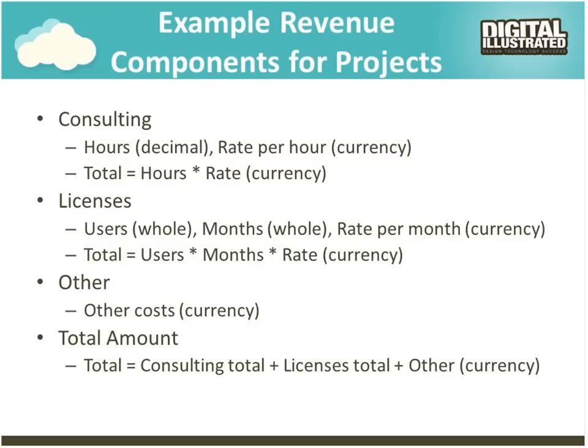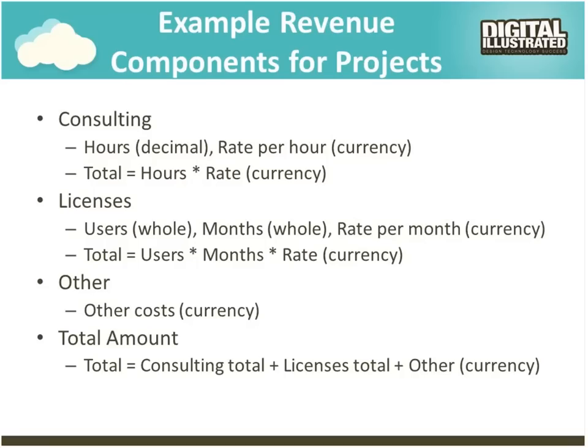Then there's another component in this kind of opportunity for the software licenses, where we would be entering the number of users, the number of months, and the license cost per month, and the total revenue from the licenses would be users times months times the rate.